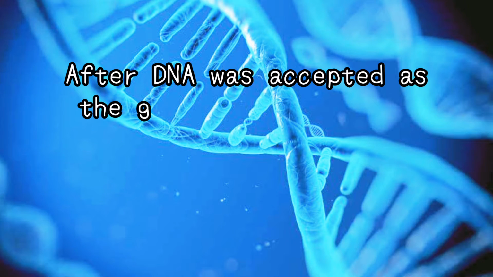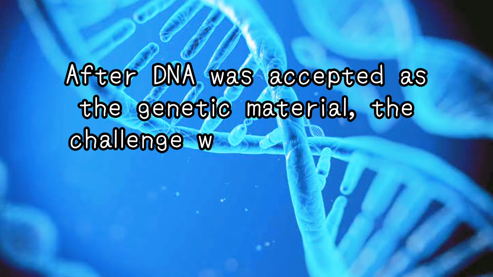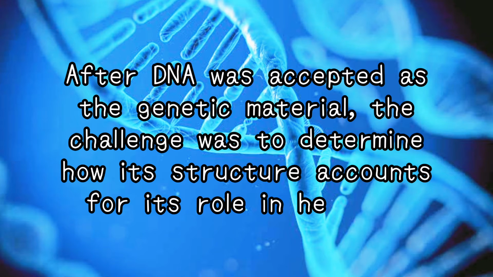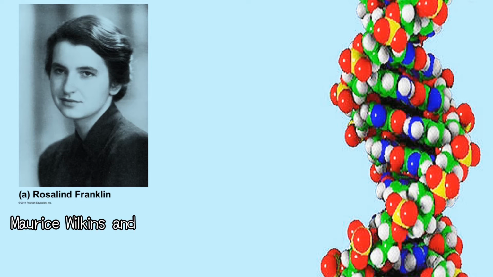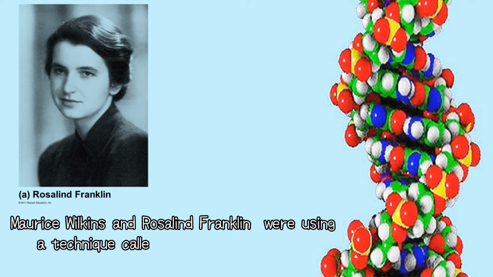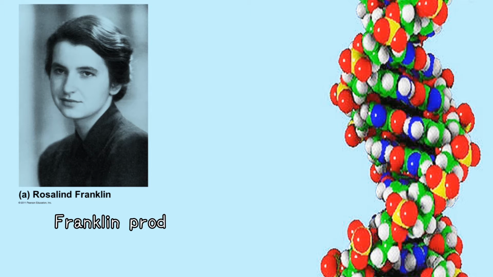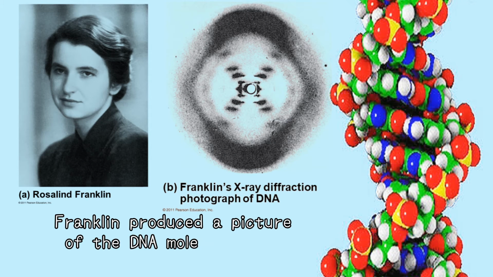After DNA was accepted as the genetic material, the challenge was to determine how its structure accounts for its role in heredity. Maurice Wilkins and Rosalind Franklin were using a technique called X-ray crystallography to study molecular structure. Franklin produced a picture of the DNA molecule using this technique.